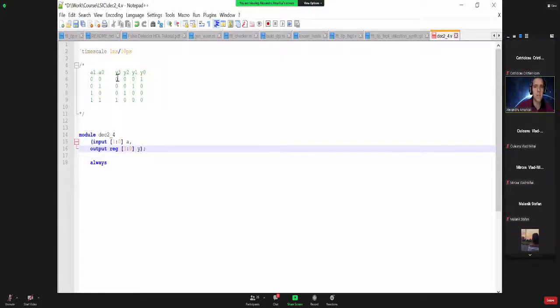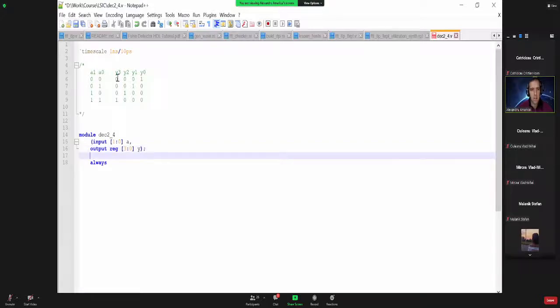This is about design principles, and it's more important what you code than how you code, although how you code is also important. It's not a Verilog course.